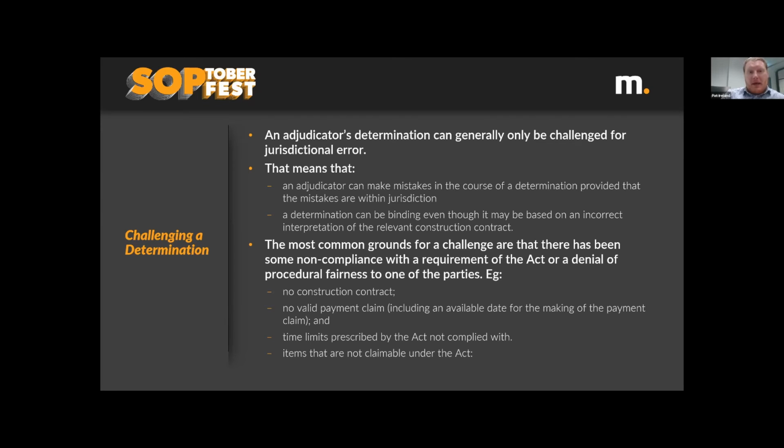There was no valid payment claim, including if there was no available date for the claim. Time limits have not been complied with under the Act, as we know. The time limits are very strict under the Security Payment Act, so that's often a common one raised to challenge an adjudication determination, or items that are not claimable under the Act.